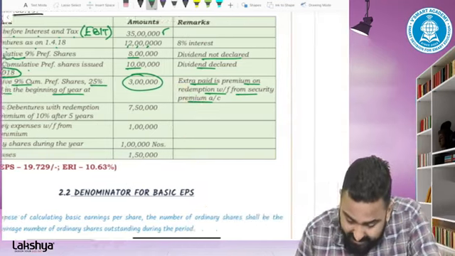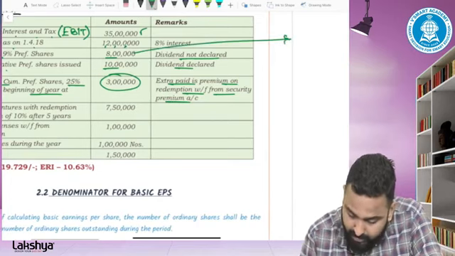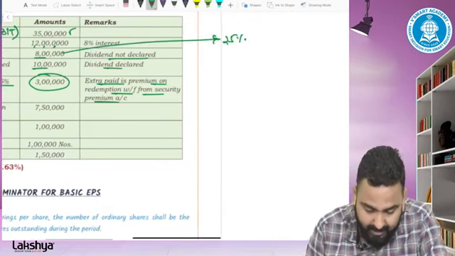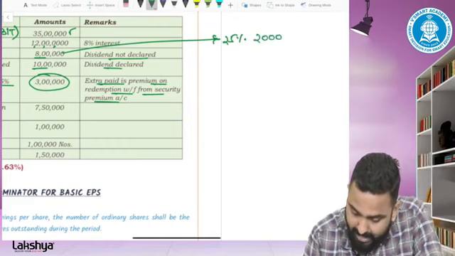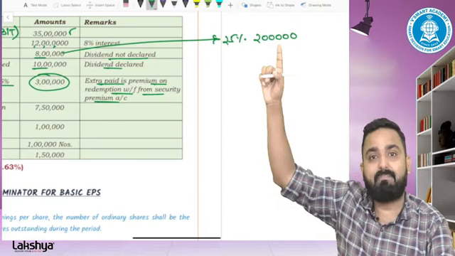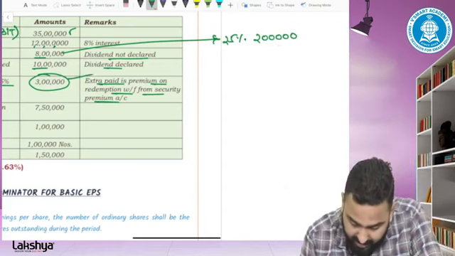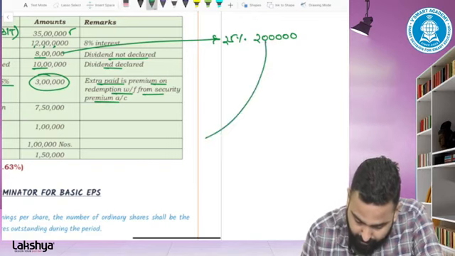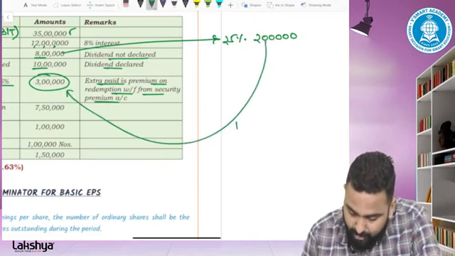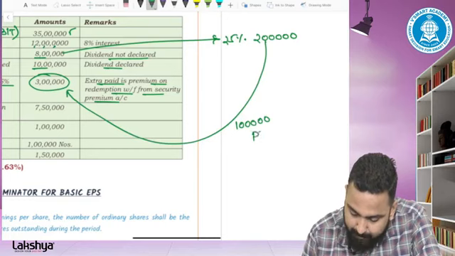So guys, what is the 25% value of 8 lakh? It's 2 lakh. And we redeemed at 3 lakh, so 1 lakh is the premium.